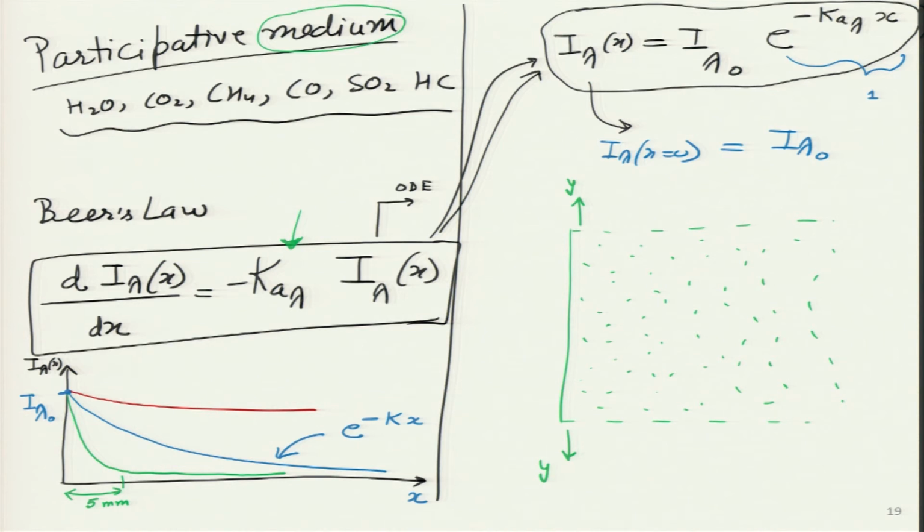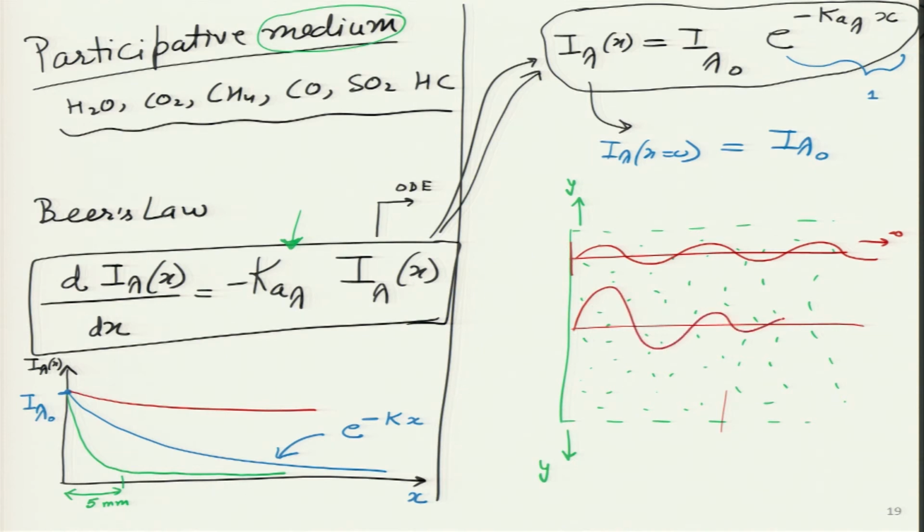I think if students remember from that class, if the medium is vacuum, then a sine wave will just travel like this to infinity. But if it is a participating medium, with a particular optical depth, let us say till this point, we start off with a big amplitude and then it becomes smaller and smaller.